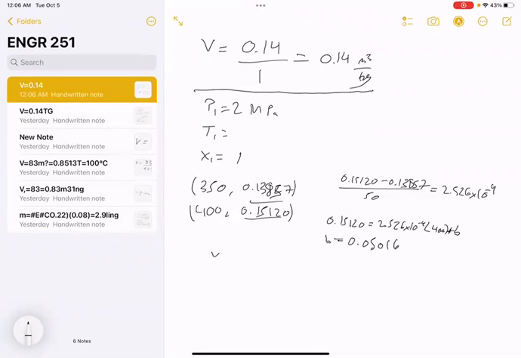All right, so our equation is y equals 2.526 times 10 to the negative 4 x plus 0.05016. Now we know y, right? We know the specific volume is 0.14, so we're just solving for x. If we do that, we'll get a temperature of 355.66 degrees Celsius. That's our temperature 1.